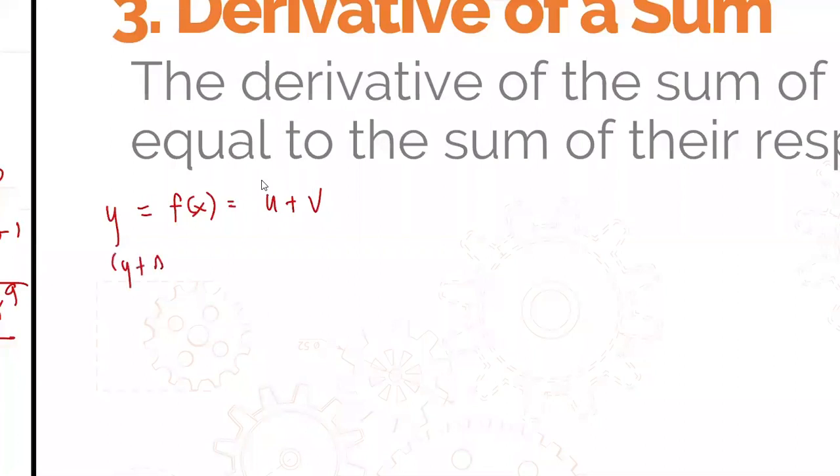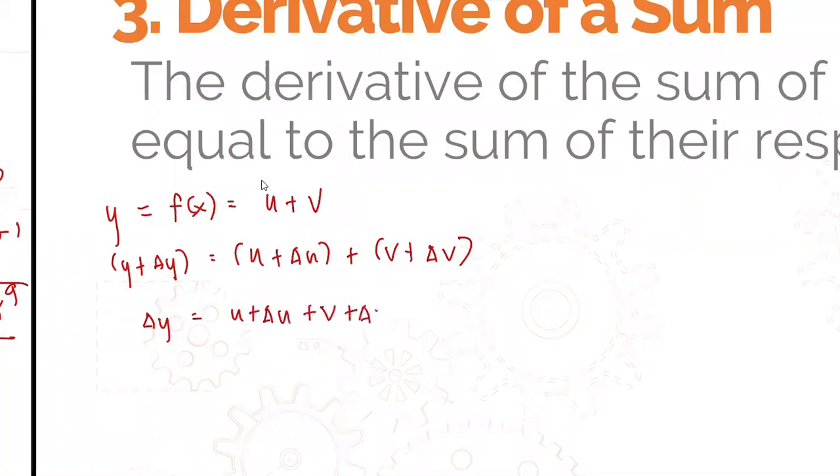So, y plus delta y is equals to u plus delta u plus v plus delta v. Then when we simplify, we put the y on the other side. So, delta y is equals to u plus delta u plus v plus delta v minus our y, whose value is u plus v. So, the u cancels out, and the v cancels out.